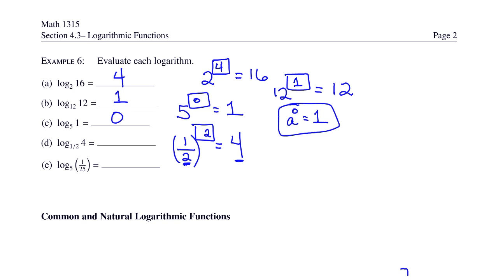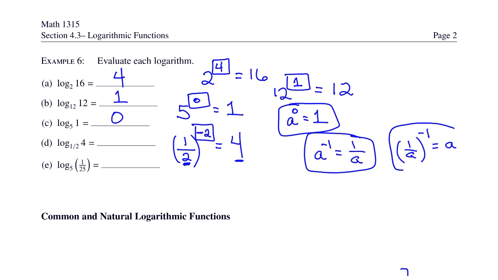But also you're going from the reciprocal form, 1/2, to the non-reciprocal form of a 4. So that involves a negative. Remember this rule. A to the negative 1 is equal to 1 over a. And that works backwards as well. 1 over a to the negative 1 is equal to a. So the answer here is negative 2.